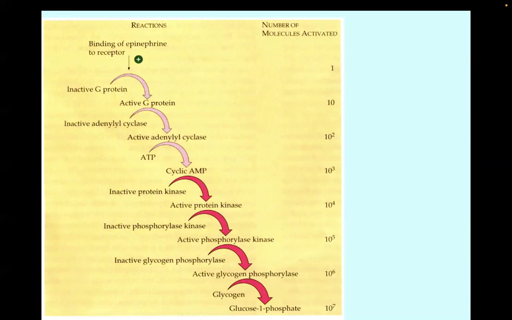They turn over hundreds of times in 1 second. So that's the amplification effect, which can be huge. This is how nature has set up this pathway, something that we couldn't design anything to work like that. So beta adrenergic does this, as we will see later.